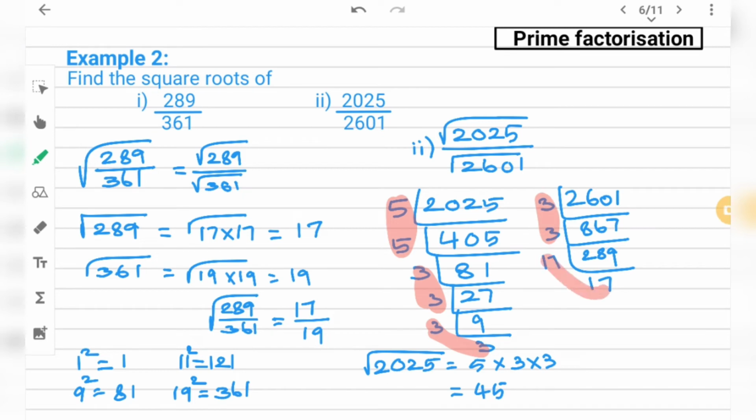These two are the pair and these two are the pair. So root of 2601 can be written as 3 into 17. What is 3 into 17? 3 into 17 is 51. Therefore, I can write it as root of 2025 is 45 by root of 2601 is 51.